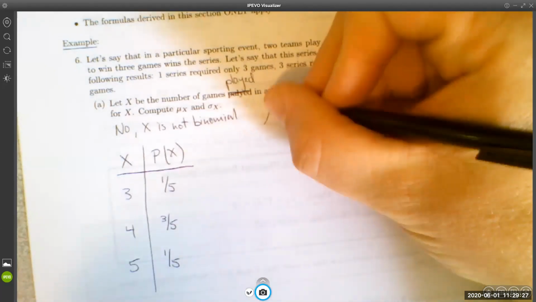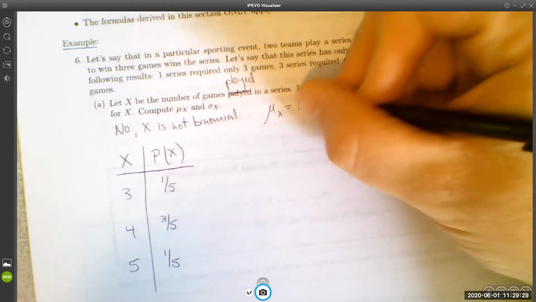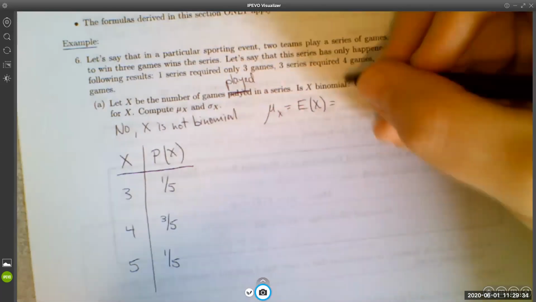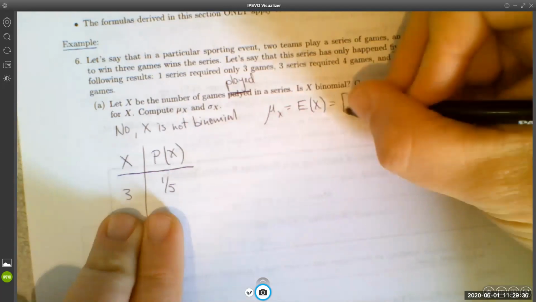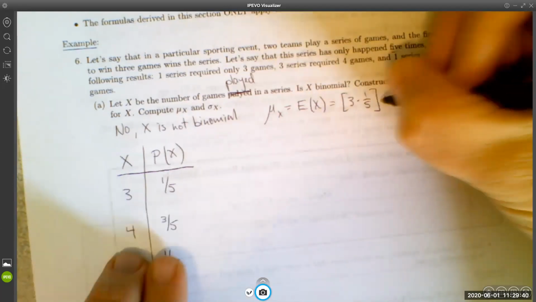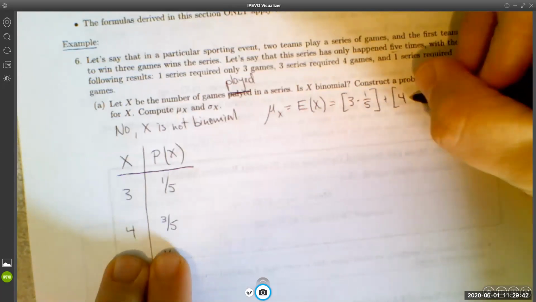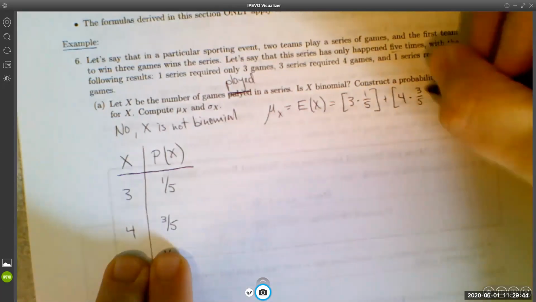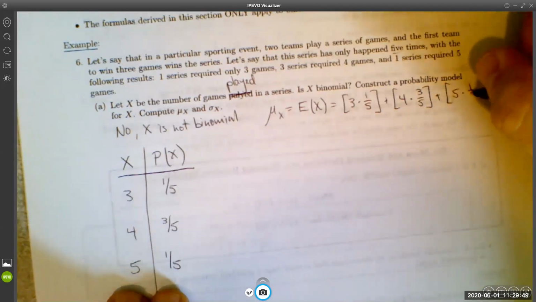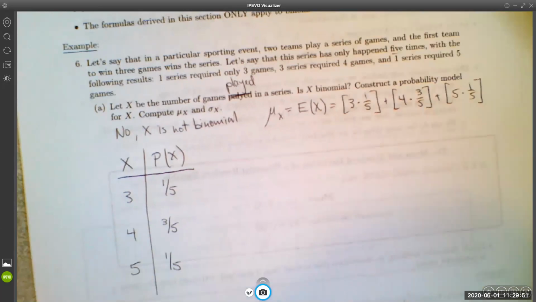So mu sub x, remember that's the same as the expected value. So that's going to be x times p of x plus x times p of x plus x times p of x. And then we're done.